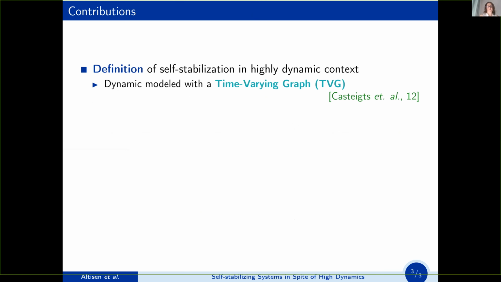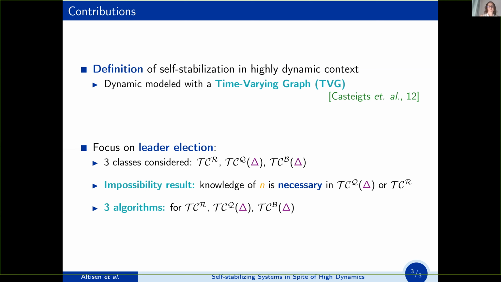And our first contribution is that we redefine the notion of self-stabilization in this highly dynamic context. We chose to model the dynamic of the topology using a time-varying graph. And then we focused on the fundamental problem of leader election.